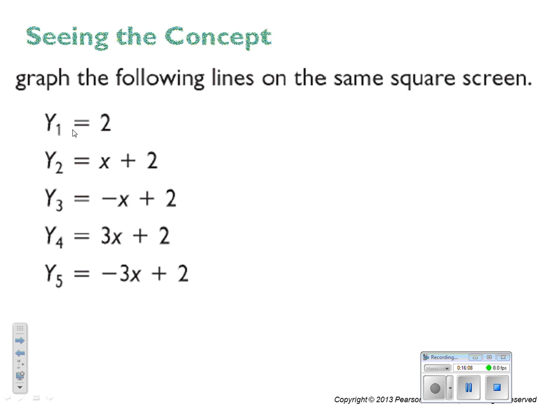All right, so if you look here, each of these equations has a y-intercept of 2.